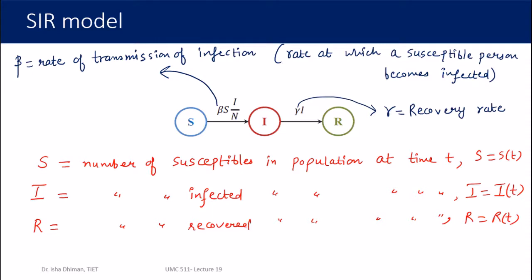So it is the rate at which an infected person becomes recovered. That is the recovery rate.